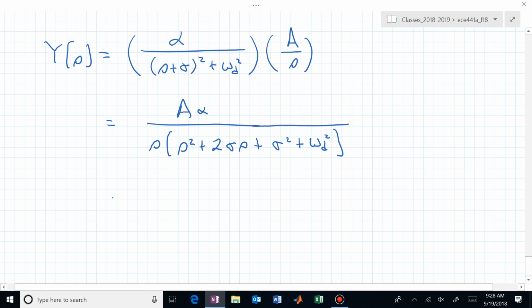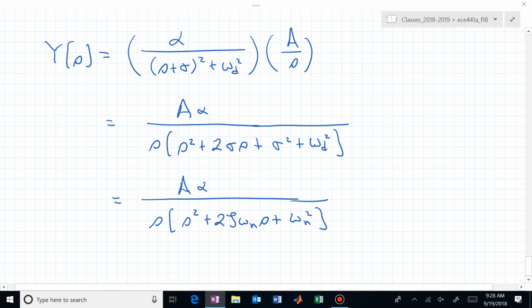And we can also write that as A alpha over s squared plus 2 zeta omega sub n s plus omega sub n squared.